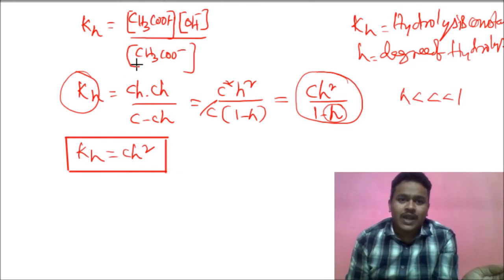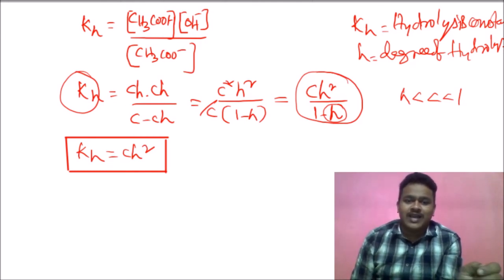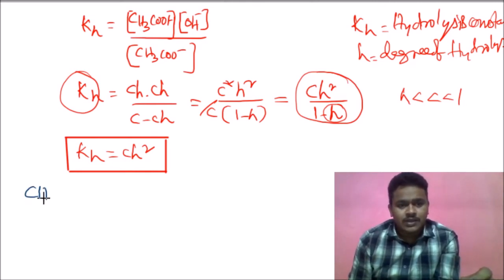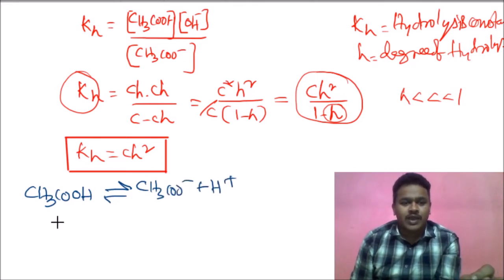Now what will I take? It is a salt of a strong base and a weak acid. Now I will take that weak acid. What is the weak acid we are using? CH3COOH. How is it dissociated? CH3COOH gives CH3COO minus and H plus. For this one, we can write Ka, the dissociation constant. How can I write?